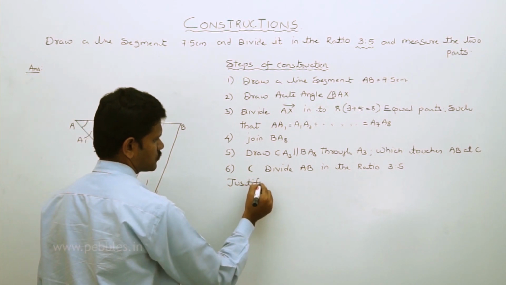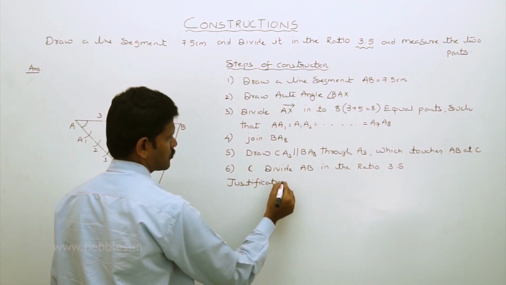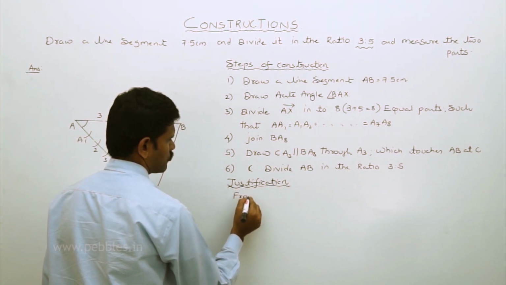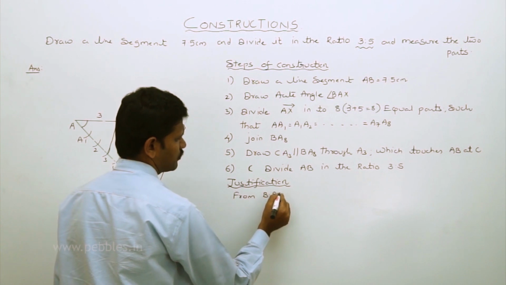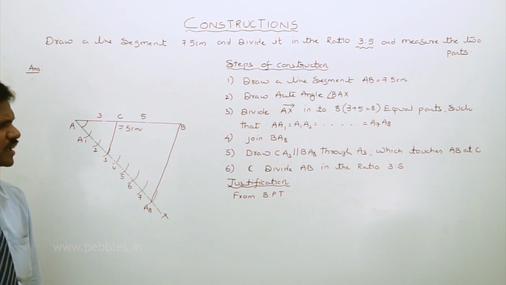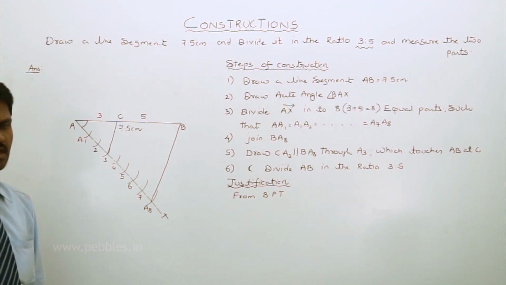Justification: from the basic proportionality theorem, if a line is drawn parallel to one side of a triangle, it divides the other two sides in the same ratio.